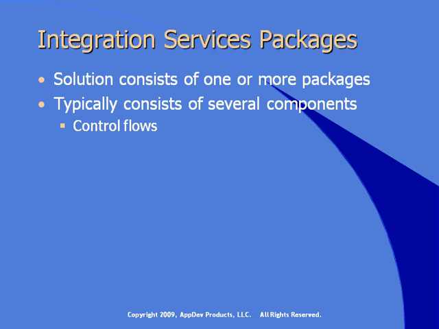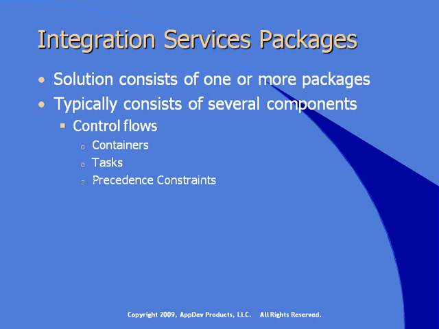A control flow may consist of one or more other elements. It may have containers. Containers let you build a package in units, and they allow looping and sequential operations, as well as making it easier to group related tasks together in a complex control flow. Tasks are the discrete steps that the package follows from source to destination. And in this course, we're going to spend a lot of time talking about the tasks that are available for you to build your control flows with.